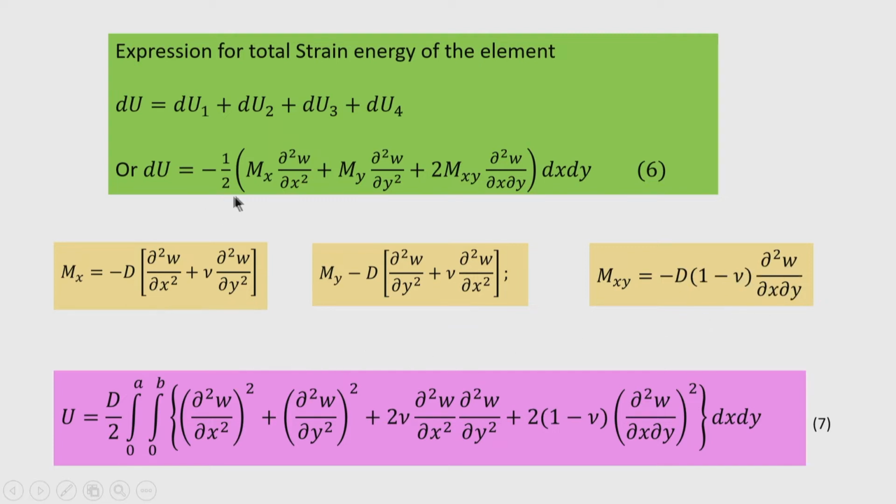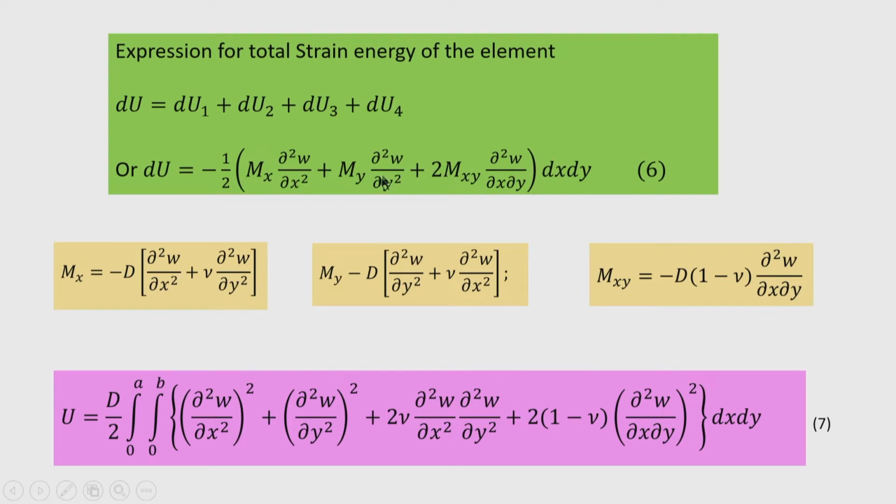Substituting these values of Mx, My and 2 Mxy, we ultimately get this expression for the strain energy of an element in terms of deflection and its derivatives, mainly the second derivatives of the deflection.